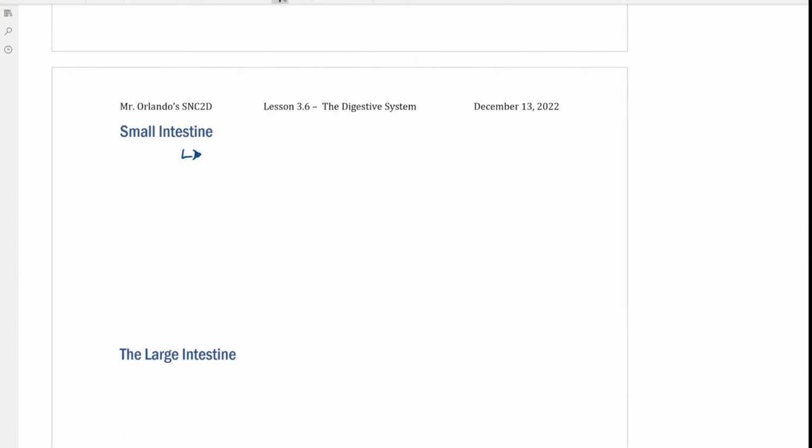So in the small intestine, the acid from the stomach is neutralized.